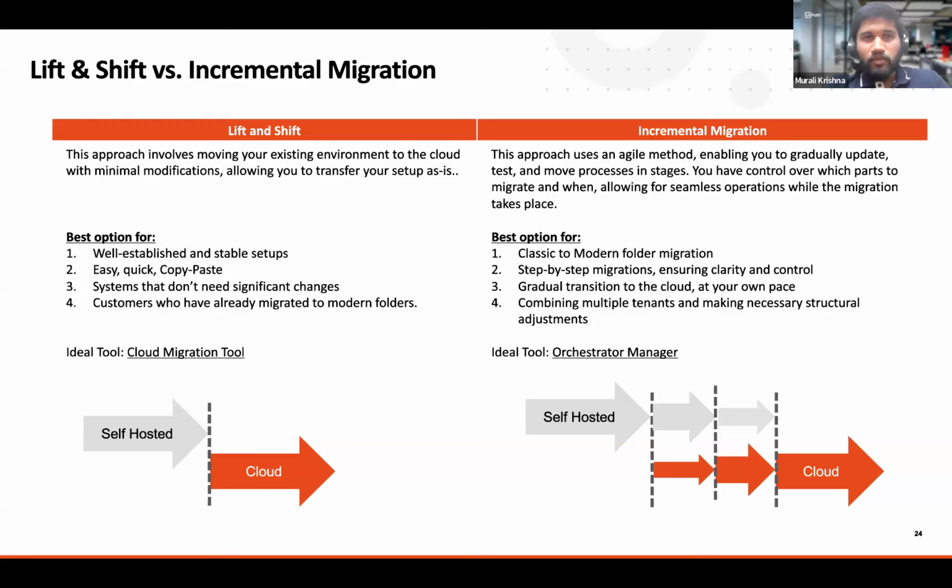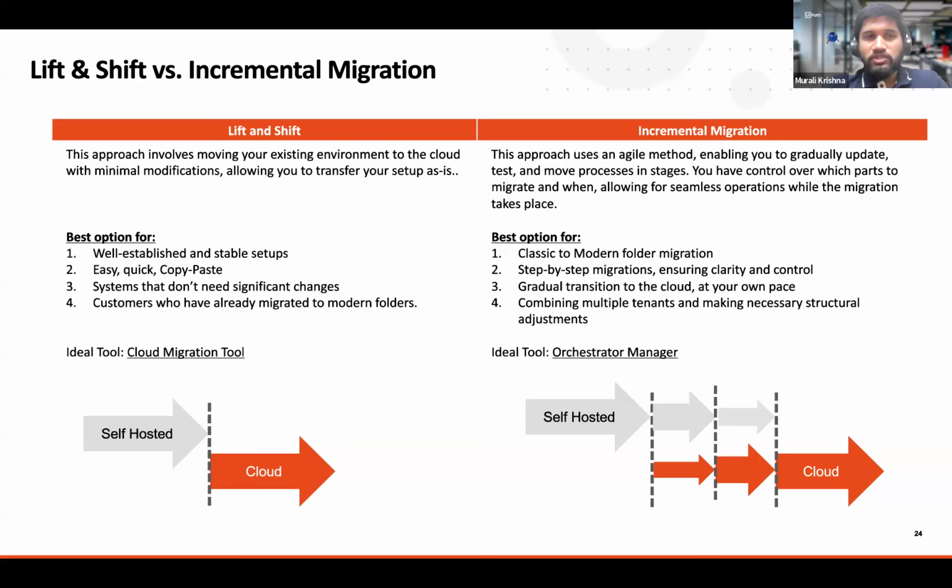This approach is best suited for well-established and stable environments. If the customer has a stable environment where they don't want to change any data or put anything in between, they can use this lift and shift approach.